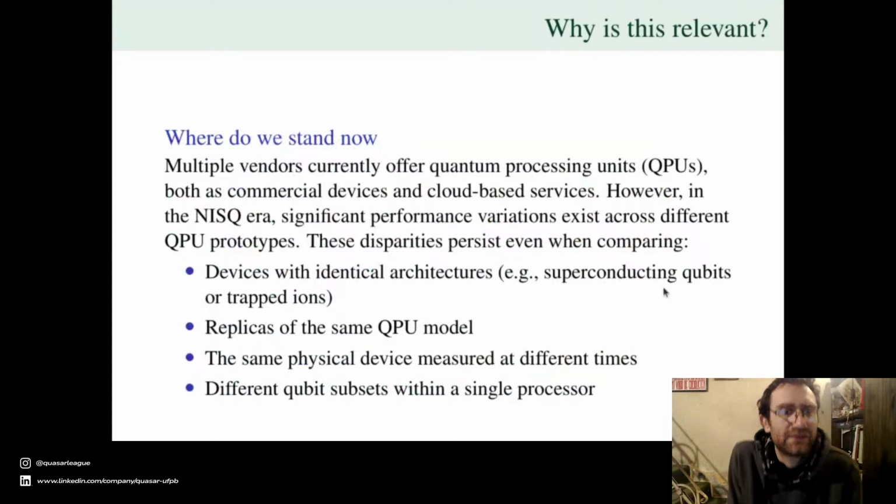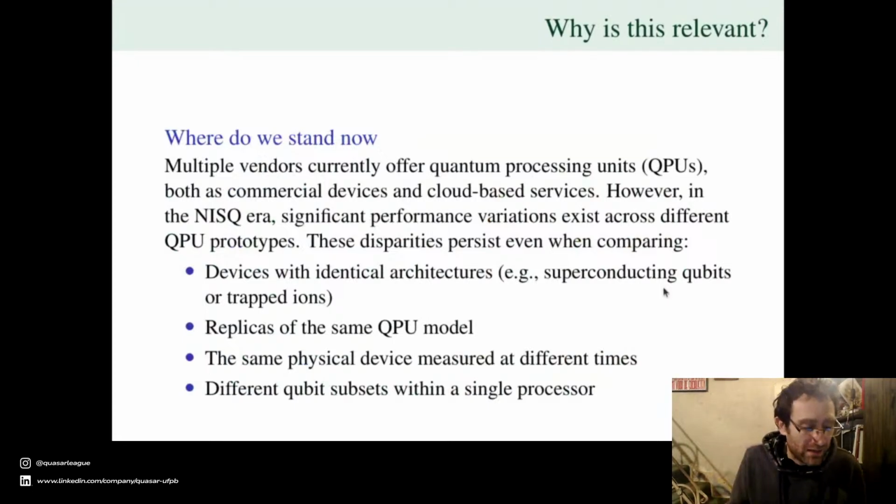These disparities persist even when you compare devices with identical architectures, for example, superconducting qubits or trapped ions. Even replicas of the same QPU model will perform differently because their noise is unique. A quantum processor can be considered a complex system, and so they perform very differently.